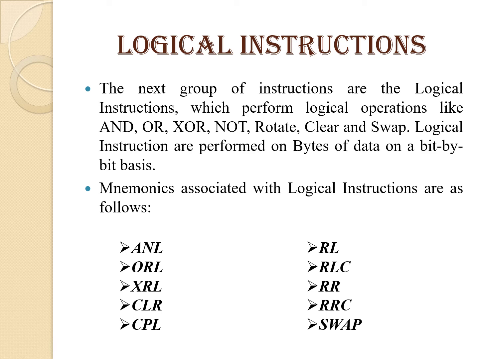Mnemonics associated with logical instructions are ANL, that is AND operation, ORL, OR operation, XRL, logical XOR operation, CLR, clear, CPL, complement, RL, rotate left, RLC, rotate left with carry, RR, rotate right, RRC, rotate right with carry, and SWAP, that means swap the two nibbles of, suppose, the A register. So logical instructions basically perform the logical operations on the data.